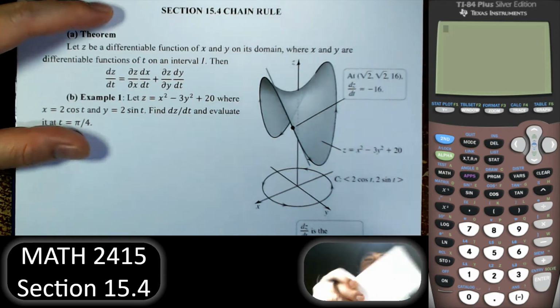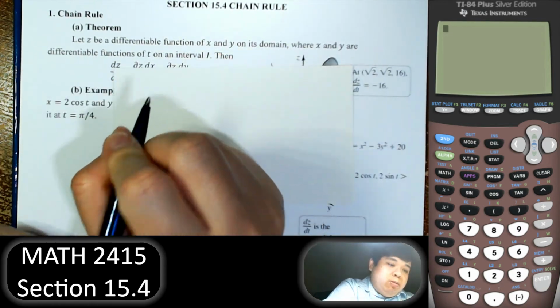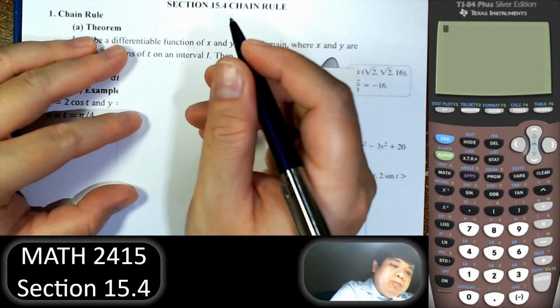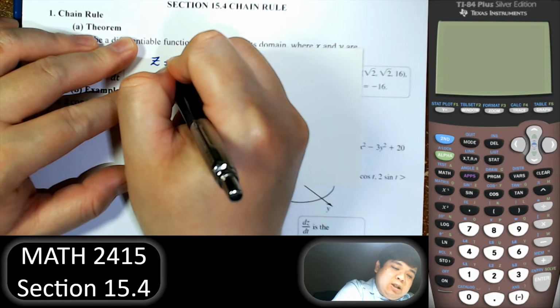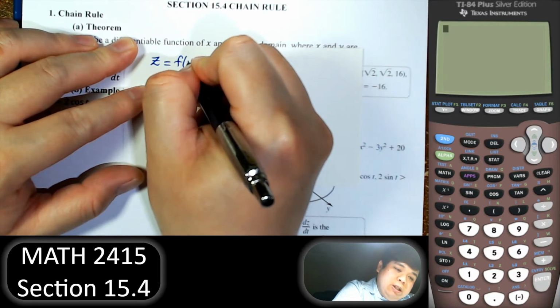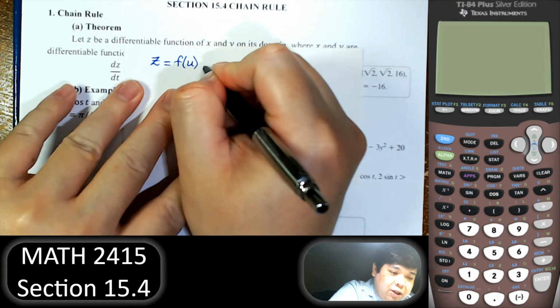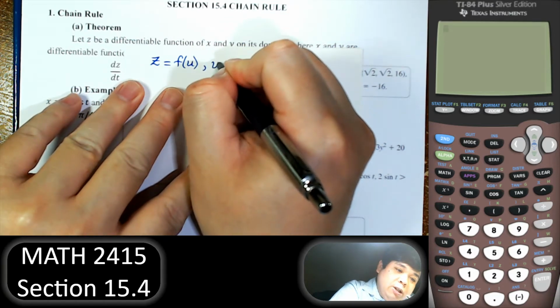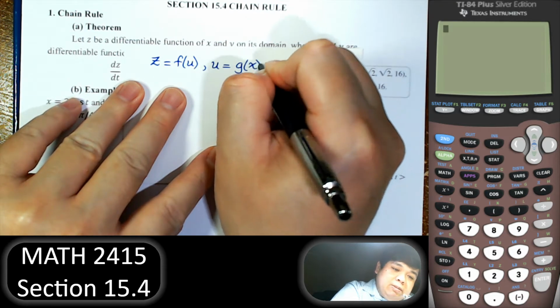So the chain rule in Calculus 1, let me just write out quickly. In Cal 1, the chain rule, let's say we have z is a function of u, and then u is a function of x.